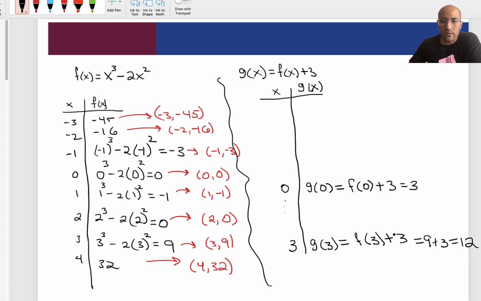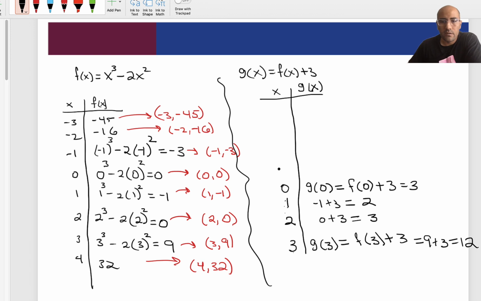Good. Okay, well, obviously, what happens is whenever we evaluate the g function at any input value, we're going to get the same output value as f, but then we add 3. So it makes sense that we can just skip some of those middle steps and just add 3 to this output. Right? So when x equals 1, I know the f function is going to be negative 1 plus 3. So this is going to be equal to 2. And then the 2 leads to a 0, so it's just going to be 0 plus 3.